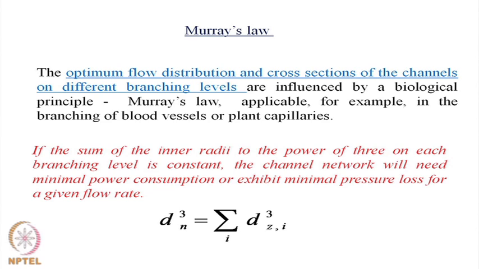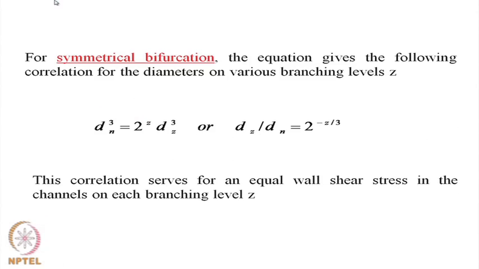And it's amazing to think that all branches in our body follow Murray's law. So, what has been proposed is that the same law can now be used for branching out of microfluidic channels as well. Now, for symmetrical bifurcation, Murray's law gives the correlation for the diameters on various branching levels.